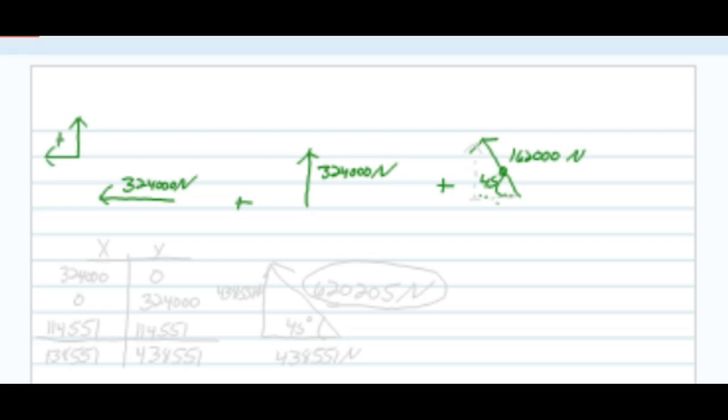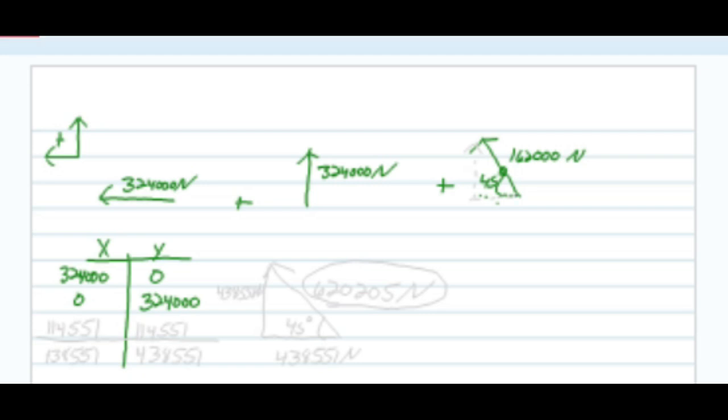Okay, so what we do, since we're adding vectors, is break it up into x and y components. The first vector's x component will be positive 324,000, and the y component is 0 because it doesn't go up or down at all. The second vector has no x component because it doesn't go left or right, but the y component is 324,000 newtons. And then the third one, we're going to have to use trig.